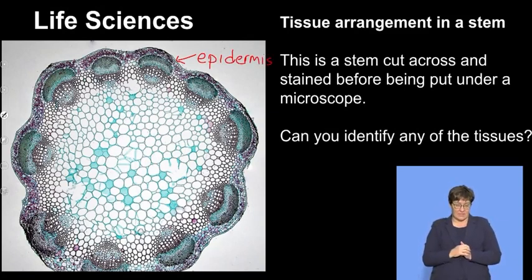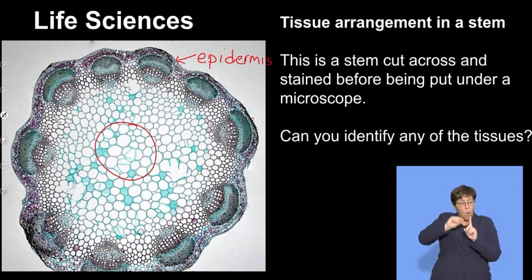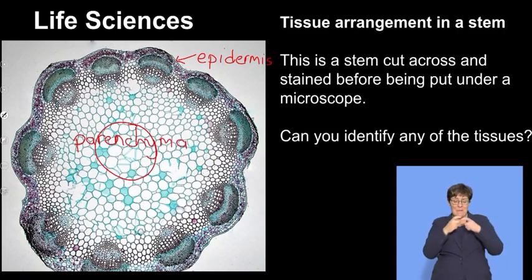Then there are a whole lot of big cells in the center, and if you look at them, they've got thin walls. What type of cells would those be? Those would be parenchyma cells. Large cells, thin walls with air spaces between them. Then the rest all looks pretty confusing. How can we make sense of it?